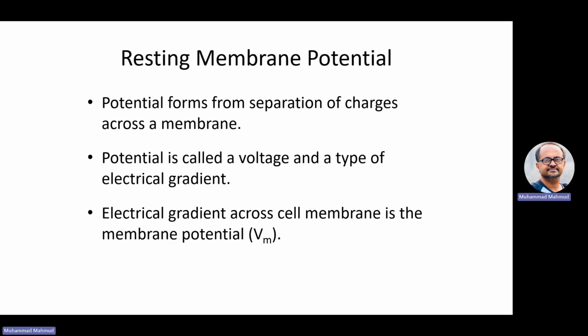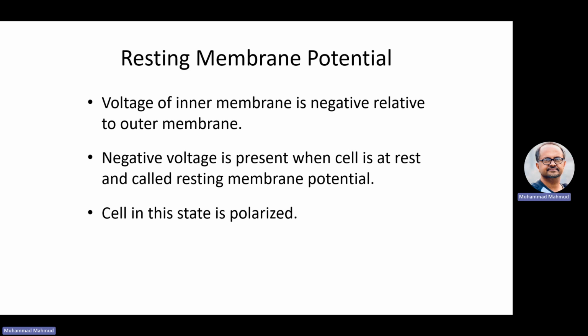The potential forms from separation of charges across the membrane, and the potential is called voltage, a type of electrical gradient across the cell membrane. It is the membrane potential, or Vm. We express this with Vm, membrane potential. The voltage of the inner membrane is negative relative to the outer membrane because the sodium potassium pump moves 3 sodium out and lets 2 potassium in.